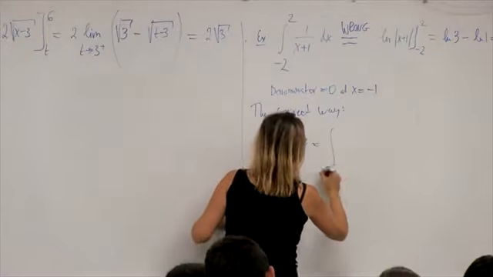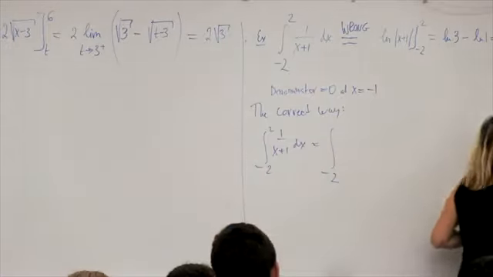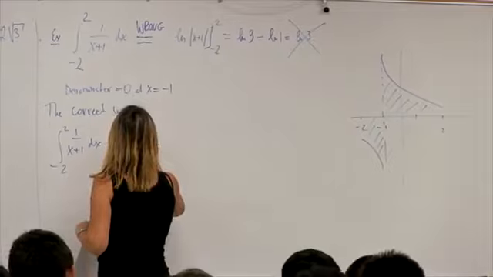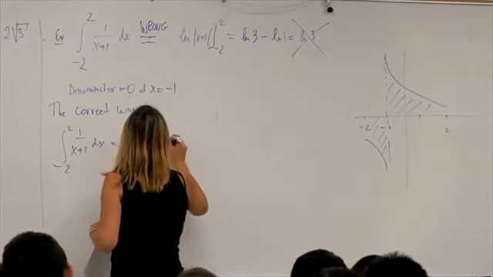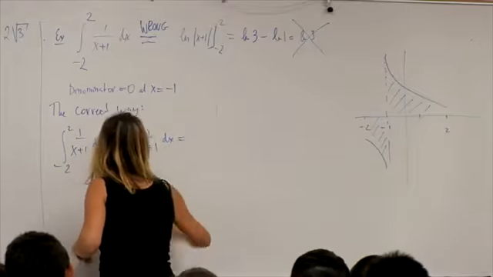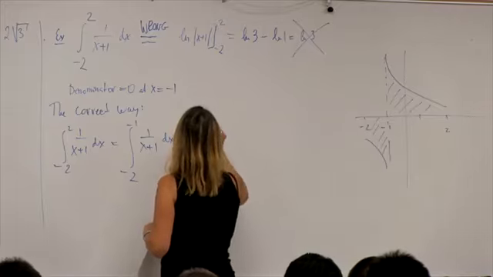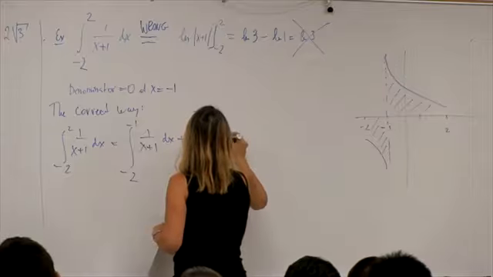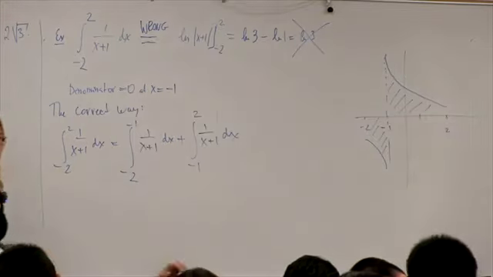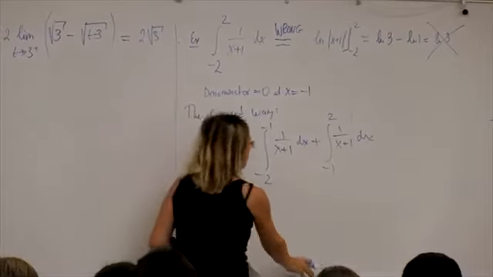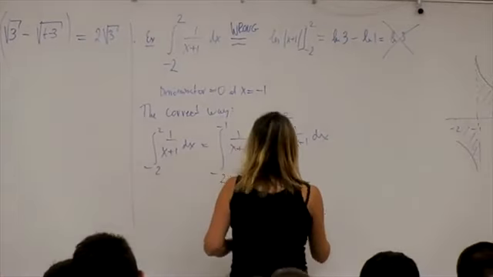So first we go from -2 to -1, so that's this branch. And then we go from -1 to 2. And we have to evaluate them separately as improper integrals of types 2A and 2B. So let's do that.